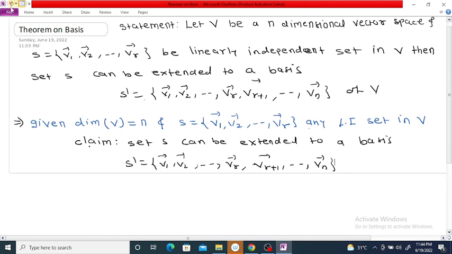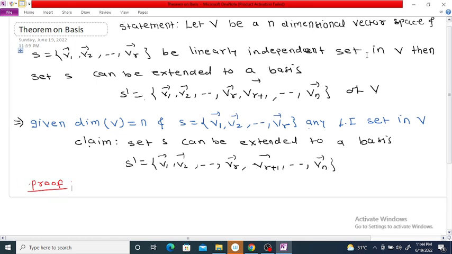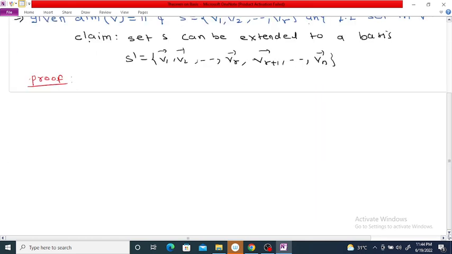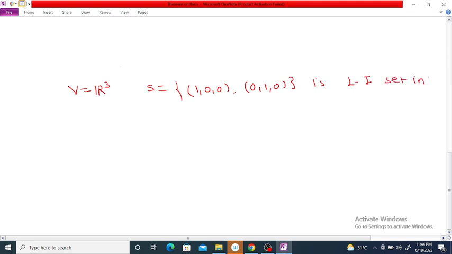Now, the proof. I am going to take one example before starting the proof of this theorem. Suppose we take V equal to R cube and S = {(1,0,0), (0,1,0)}, a linearly independent set in V. Now we want to extend this set.